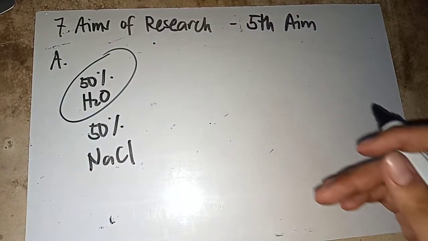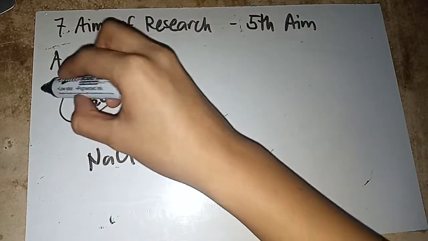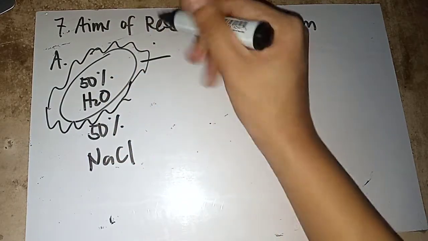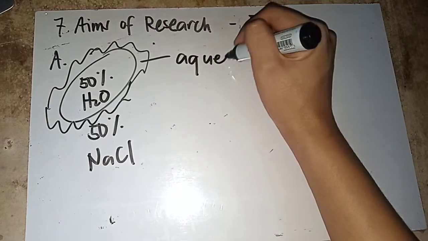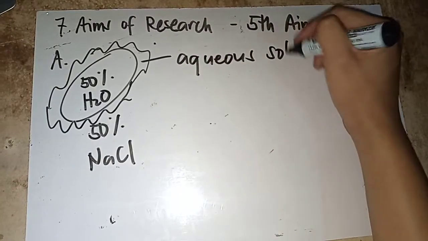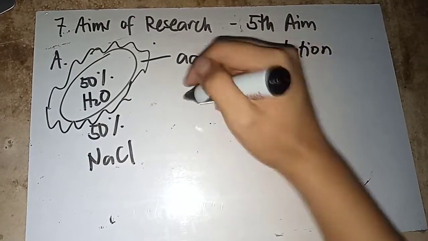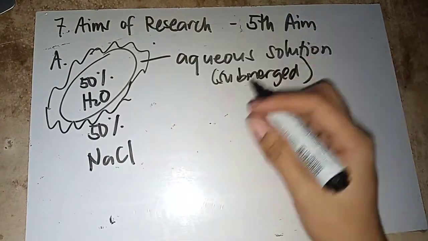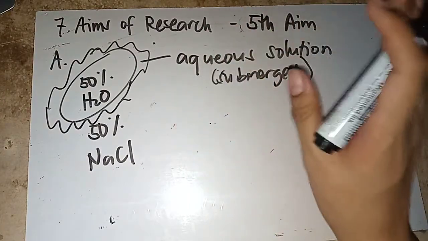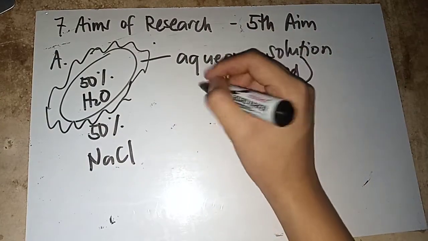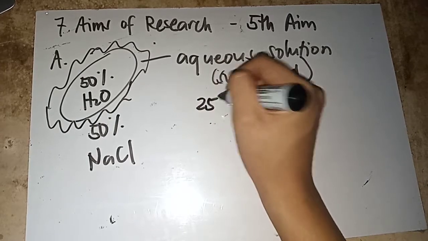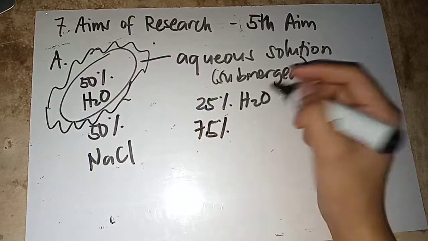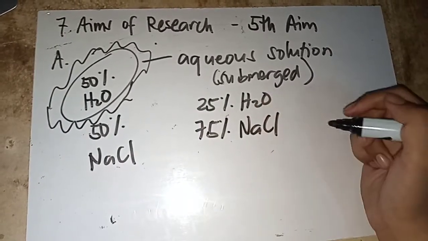And then this cell was submerged in an aqueous solution. This aqueous solution consists of 25% water and 75% salt, NaCl.